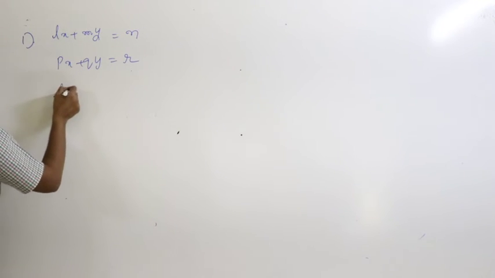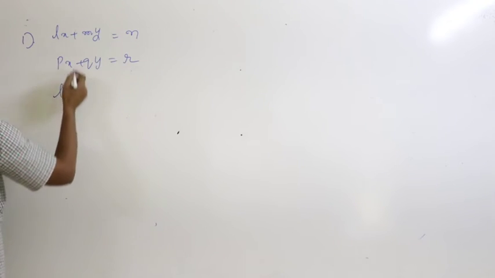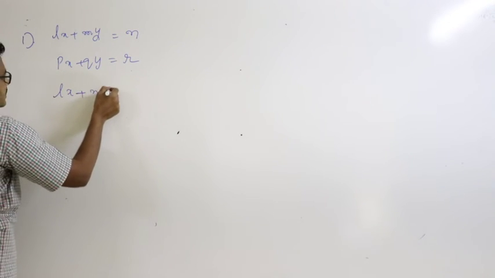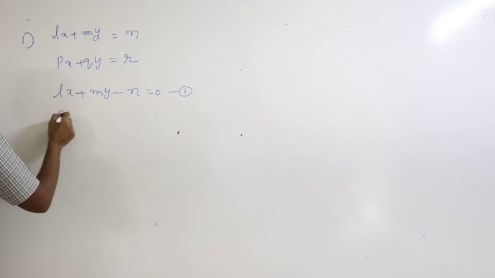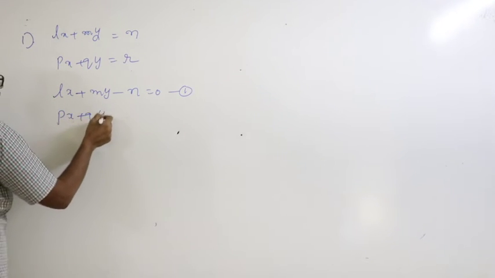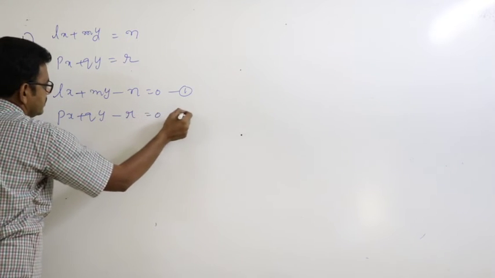Solve the equations. So this you rewrite, don't forget, you can write this side always. Lx plus my minus n equal to 0 and px plus qy minus r equal to 0.